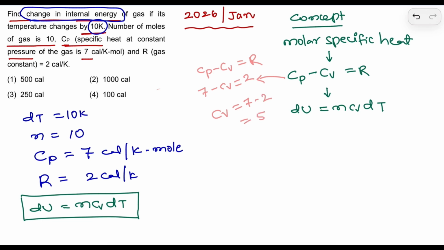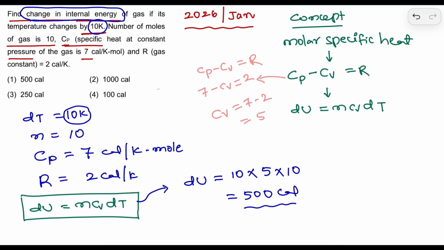Now writing this: dU is equal to n, the number of moles, 10, times Cv, 5, times dT, the change in temperature, 10. So this is 500. 500 calories is the answer. So our answer is 500 calories.